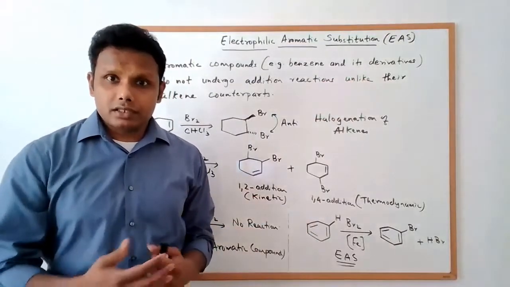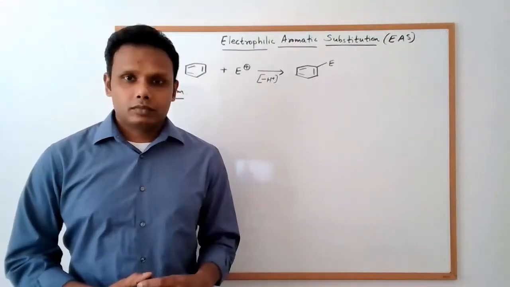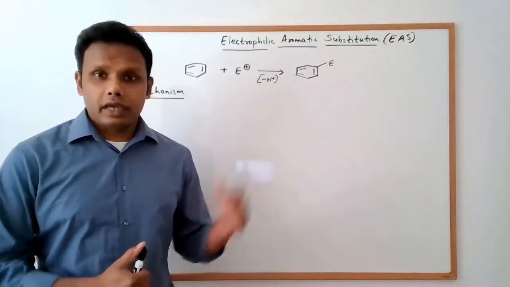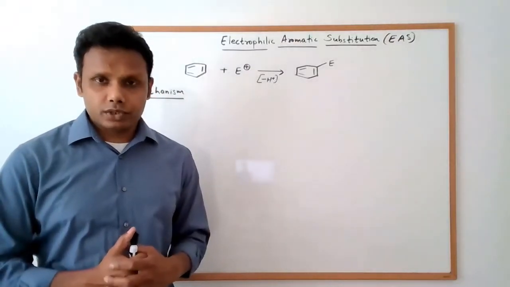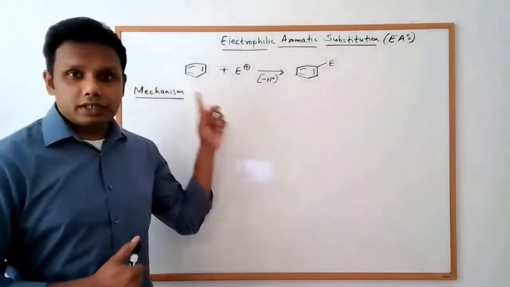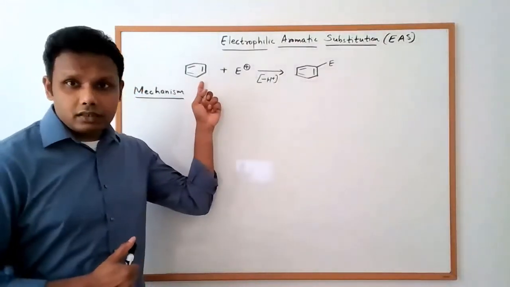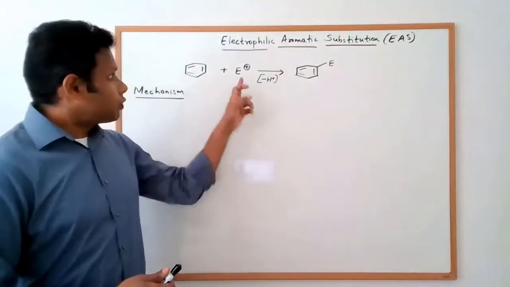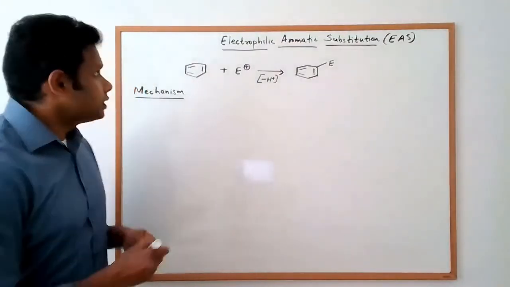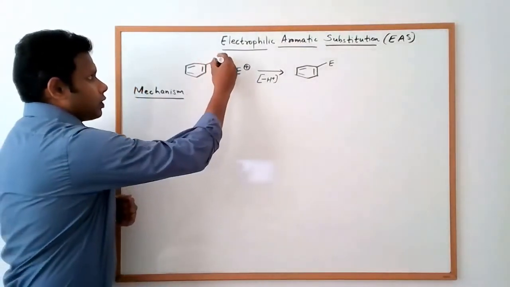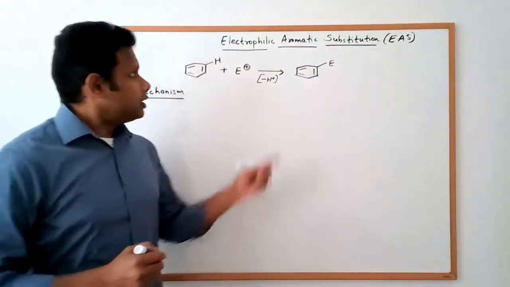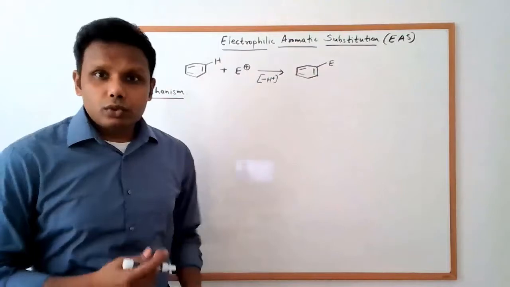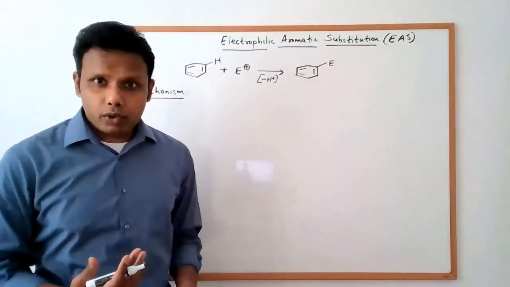So for the purposes of introducing the mechanism of an electrophilic aromatic substitution, we're going to consider the reaction of benzene with a very general electrophile. What's going to happen in this reaction is one of the hydrogens on the benzene ring is going to be replaced by the electrophile, and we're going to lose a proton in the process.